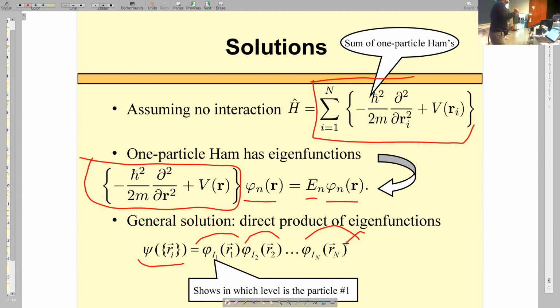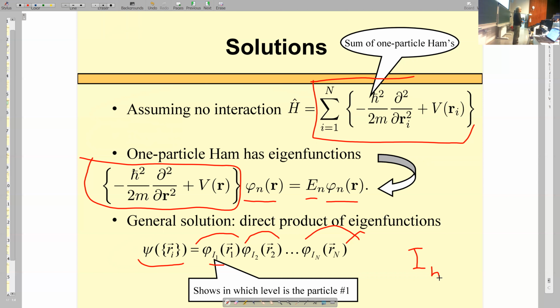Each particle goes to its own level, and the level where it goes I call with this index i_n. So the nth particle goes to the level with number i_n. It looks complicated, made of a big number of particles, but in principle it's straightforward.